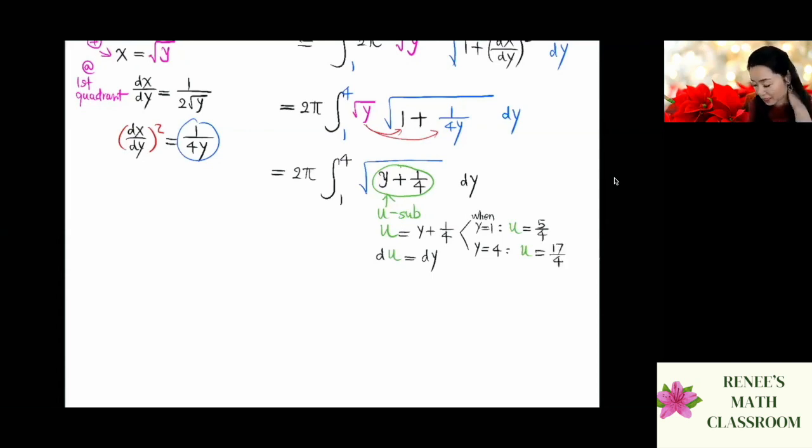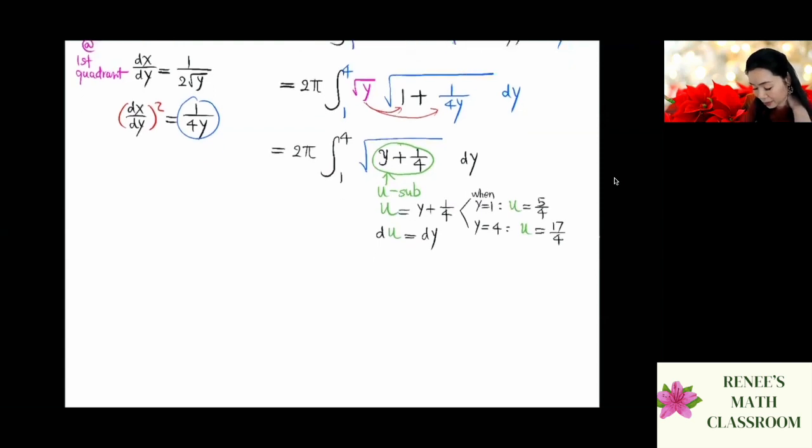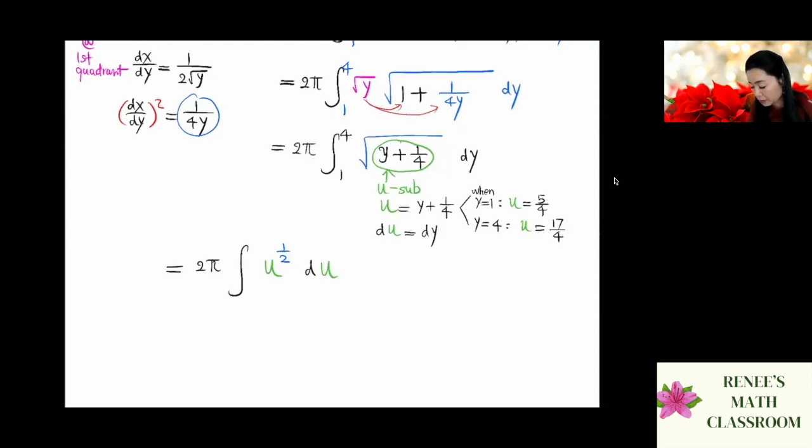Okay, now after that, this is going to be 2 pi, this integral. This is u, and the square root means it's to the 1/2 power. Dy is the same as du in this case. So that's du. And u here goes from 5 over 4 to 17 over 4.